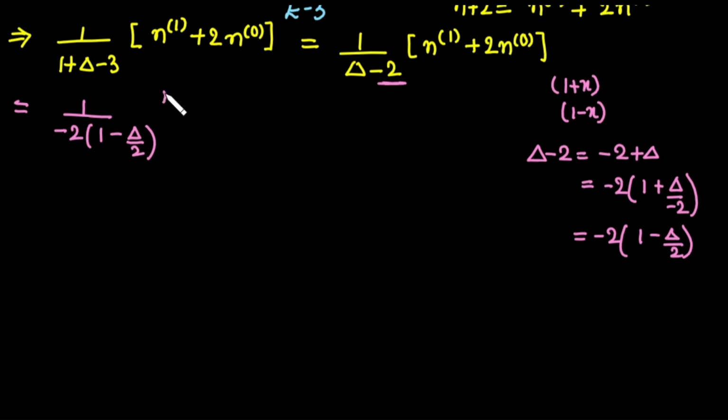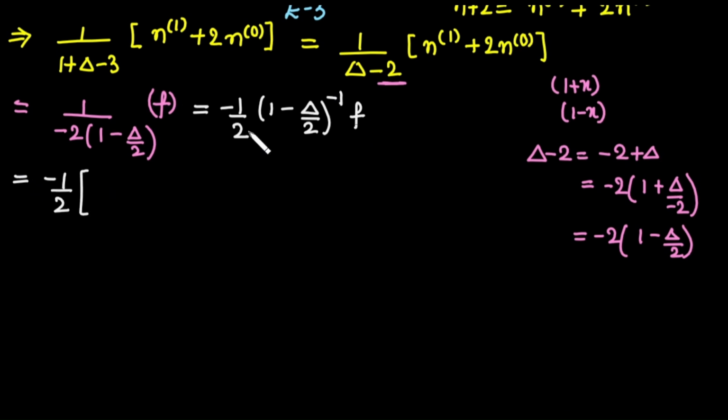into this function, let it be f. This is equal to minus 1 by 2 as it is. Take this term in the numerator. It is 1 minus delta by 2 raised to power minus 1, and this function as it is. This is further equal to minus 1 by 2 times expand this.